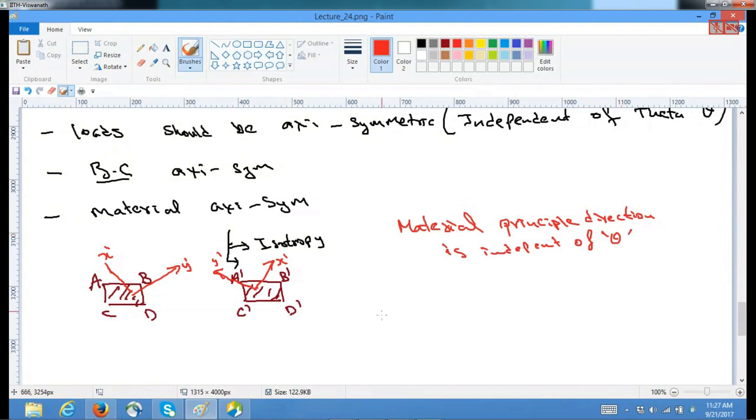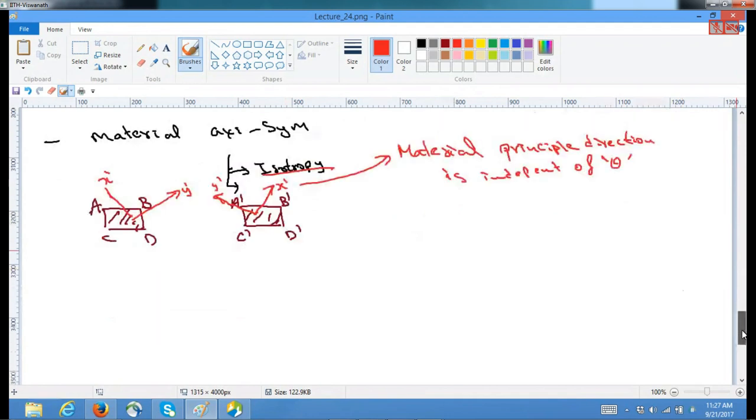So it is not just restricted to isotropy, but also to the class of materials where the material principal direction is independent of theta. For example, if you take orthotropy such that its directions are maintained in this plane of rotation in a manner independent of theta, then your material is also suitable.